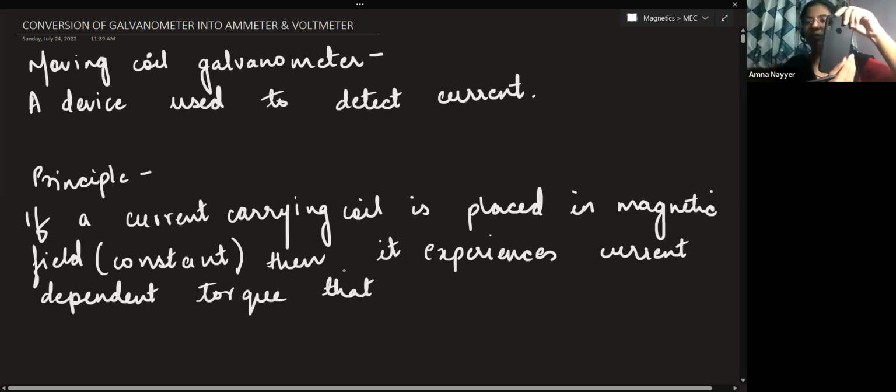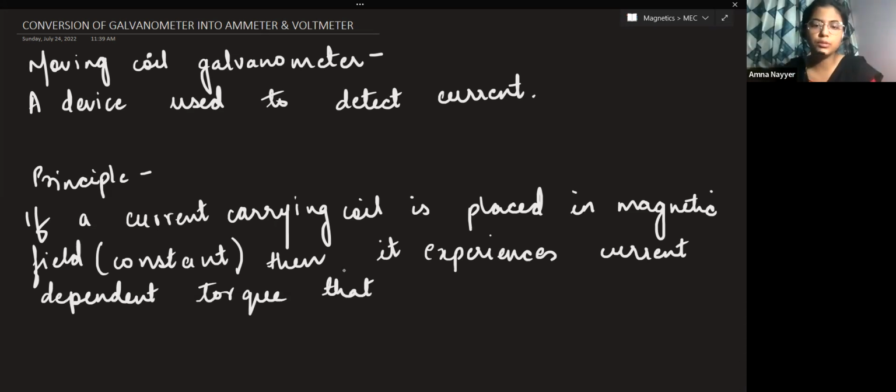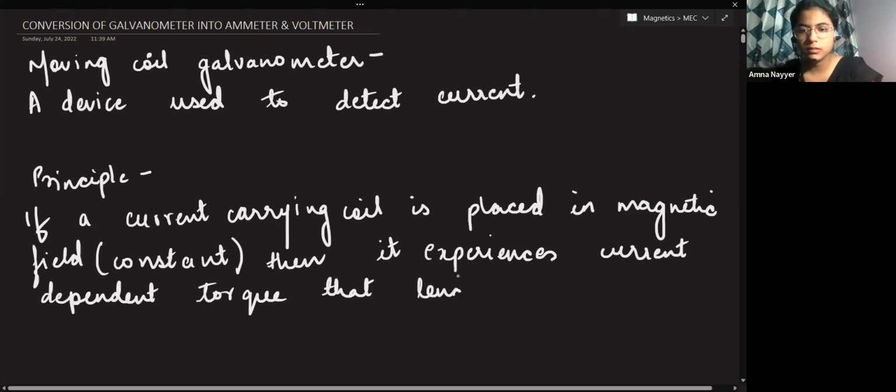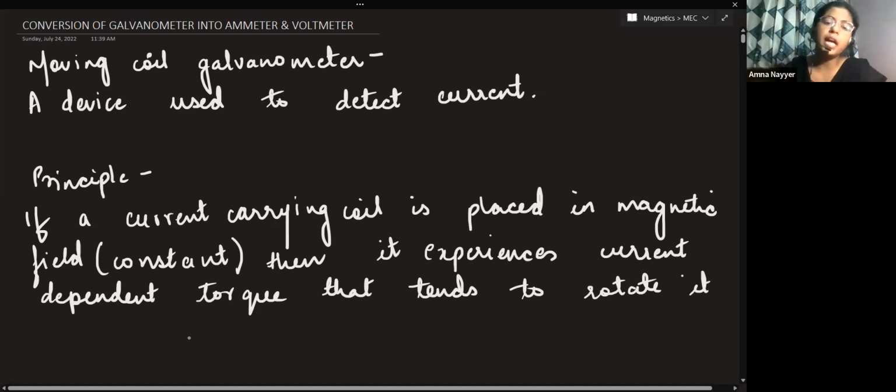It causes it to rotate, so that tends to rotate it and produce angular deflection.